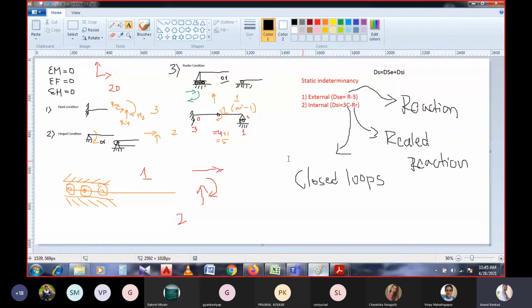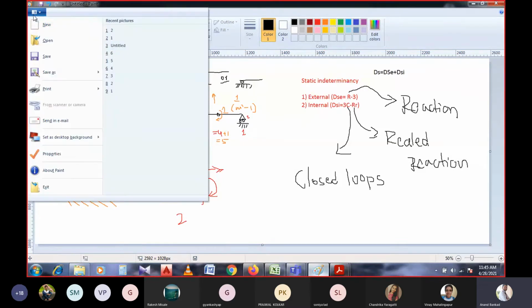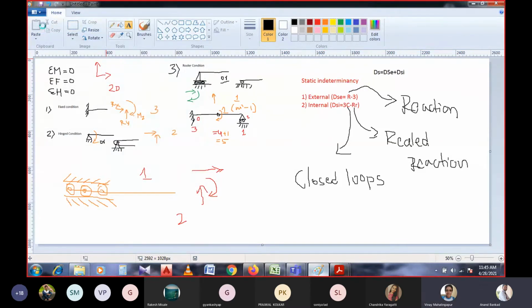RR is the released reaction. If you observe the cursor, I am showing one releaser, an internal hinge, which is nothing but one released reaction we have considered in this structure, right?